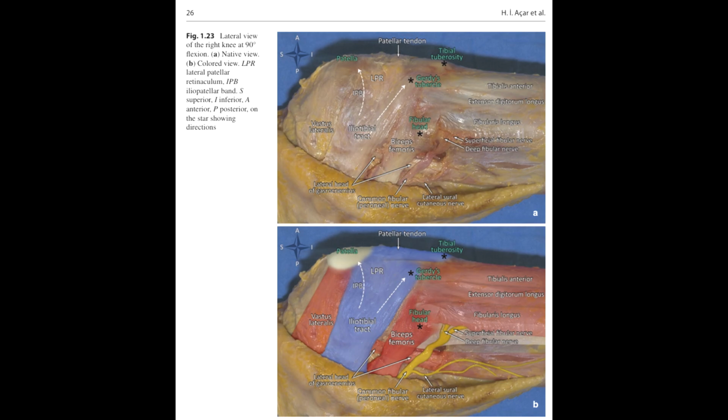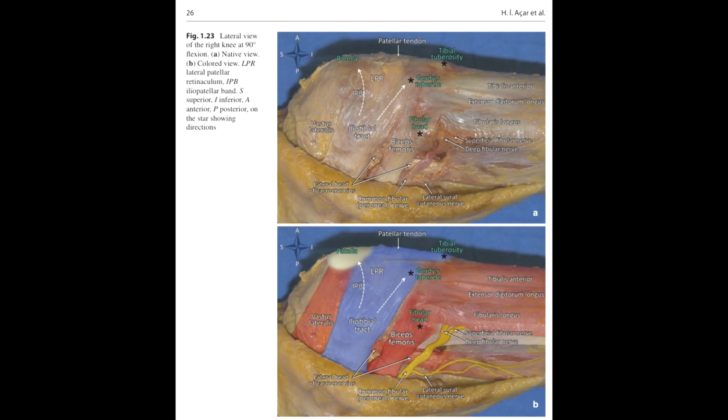Some of these fibers extend more deeply to form the lateral patellofemoral ligament, running from the lateral epicondyle to the patella, while others run downward toward the tibia, forming the lateral patellotibial ligament. As the text reminds us, these lateral fibers are weaker than their medial counterparts, which explains why lateral patellar dislocation is far more common than medial.